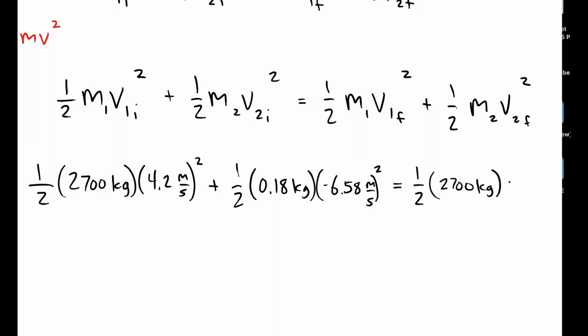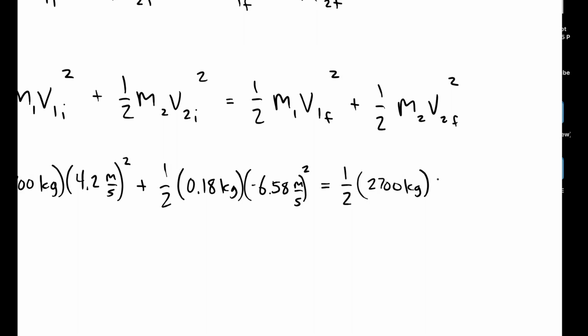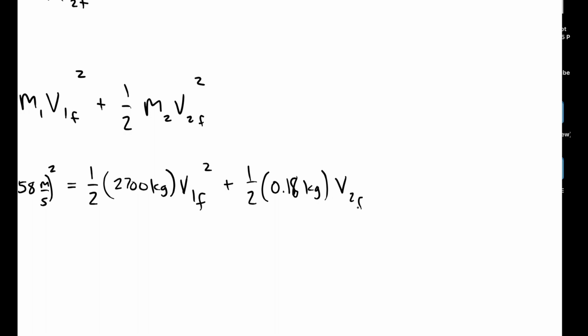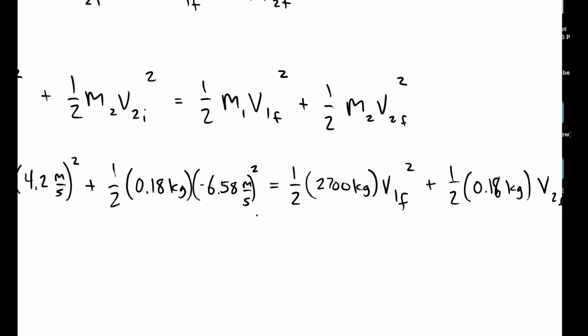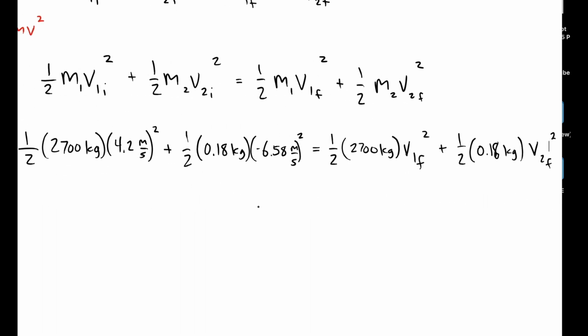And what this is going to give us is 2 equations and 2 unknowns, which is technically solvable in math. Alright, so let's calculate how much energy we had.